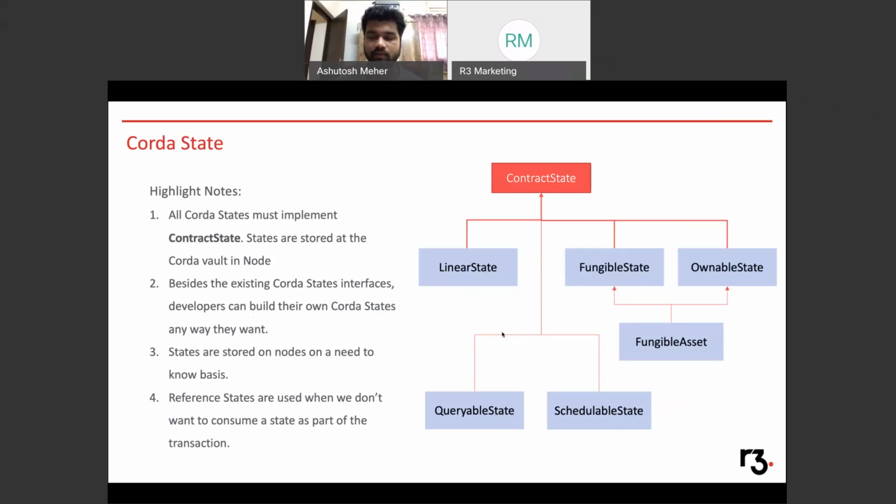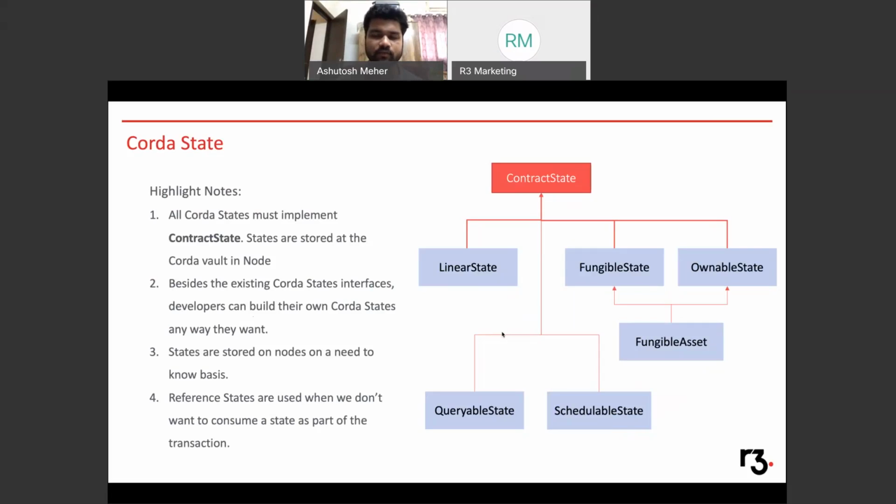You have, say, 100 stocks of a particular company, but you could do a transaction where you buy 50 more or sell 50 out of the 100 you have. So you're just splitting that 100 into 50 sections. One of the 50 still belongs to you and the other is something that you're selling. So that's fungible state. Whenever you want to model these kinds of things, you could use the fungible state.